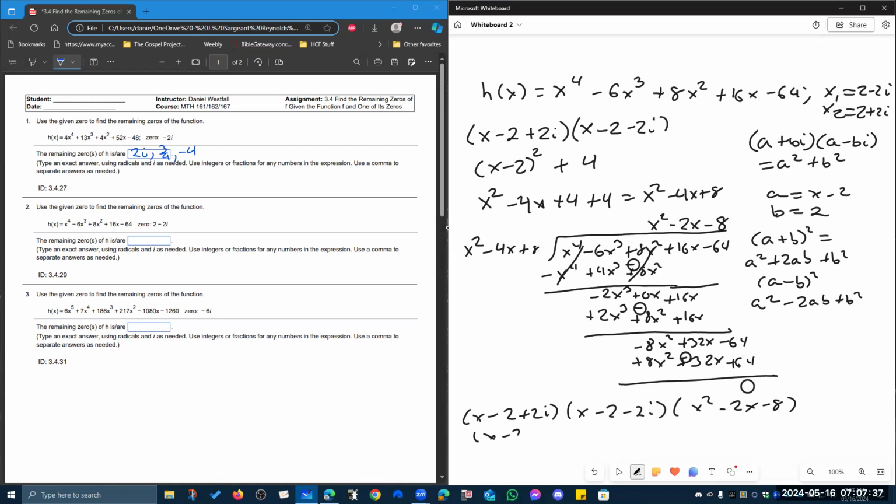And that's going to factor into x, this will be a negative 4 and a positive 2, giving me remaining zeros of 4 and negative 2. So this is 2 plus 2i and 4 and negative 2 for my 3 remaining zeros.